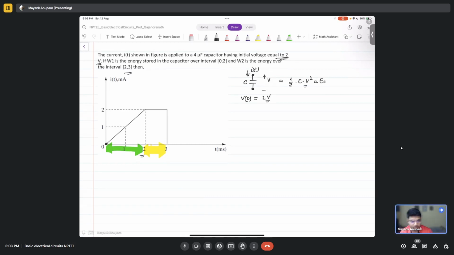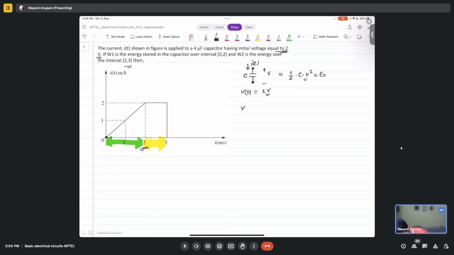First, you have to find out the voltage at the end of 2 milliseconds. So you know that the current I of t in a capacitor is equal to C times dV by dt.